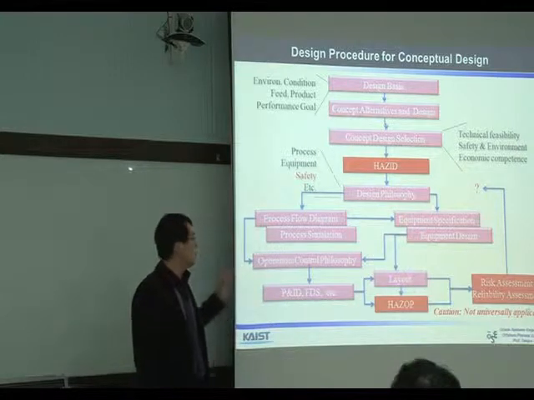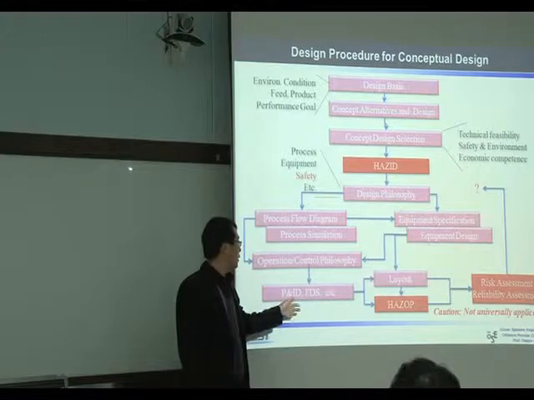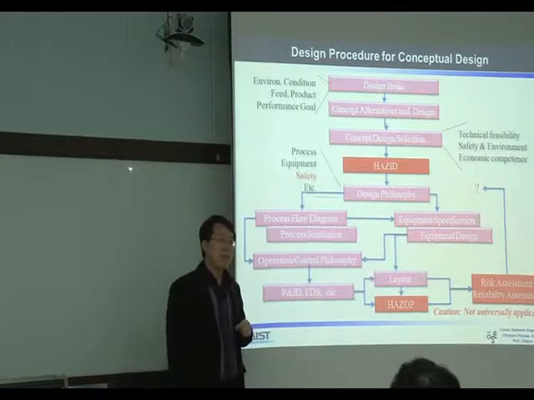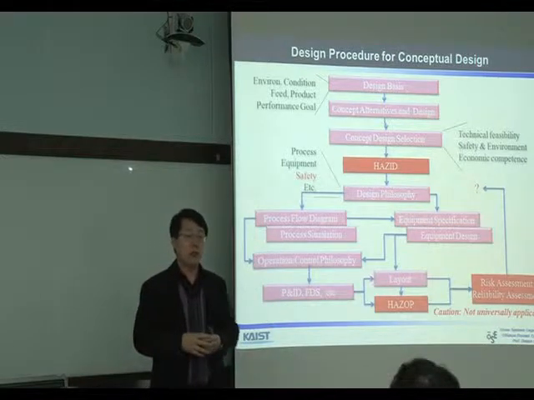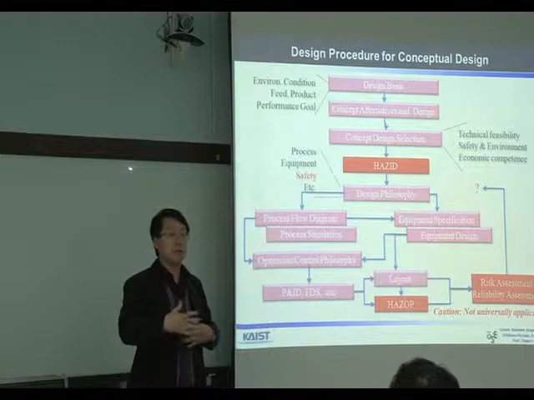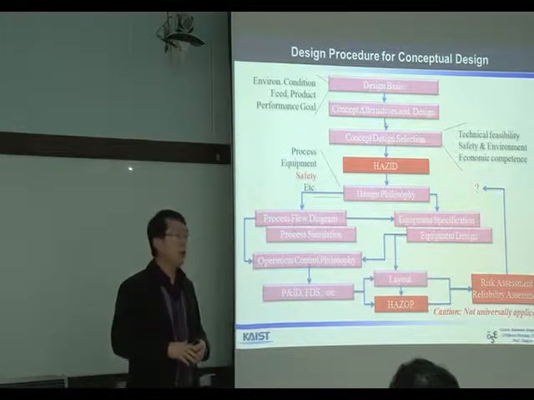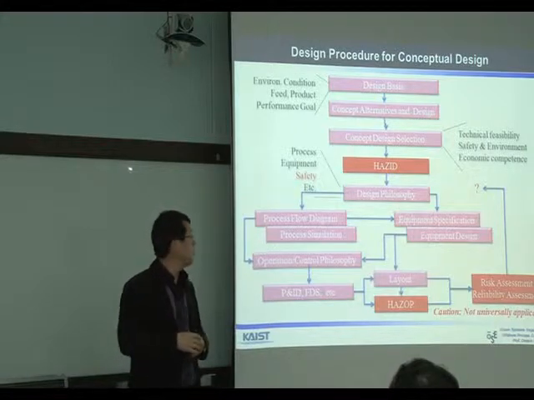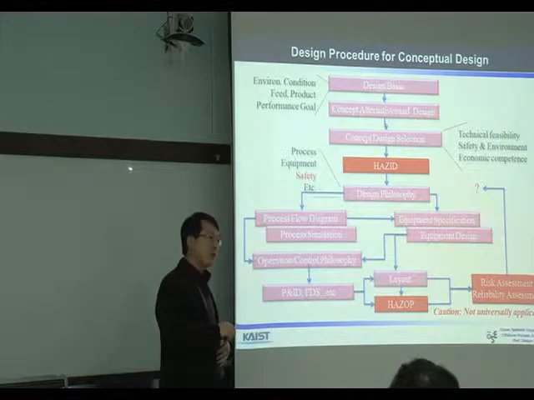That information is included in the piping and instrument diagram. And FDS is the functional design specification. It is a detailed description of the control loops and operational set values. Then we have detailed process information and equipment layout.